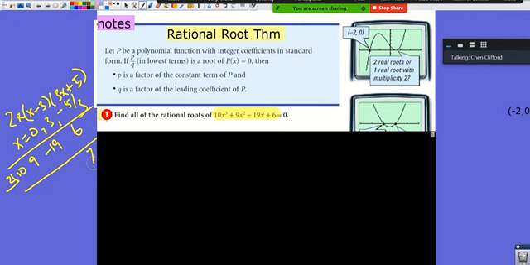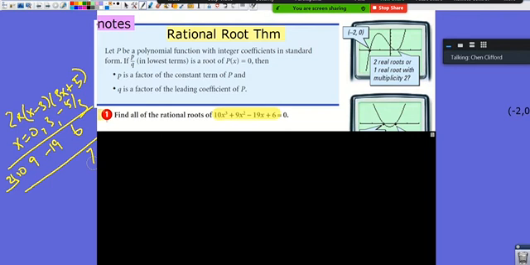So let's narrow down which synthetic divisions to try. That is what the lesson is about today. The lesson is about what we do if we live in a time when there are no graphing calculators and no Desmos and we have to find some x-intercepts.